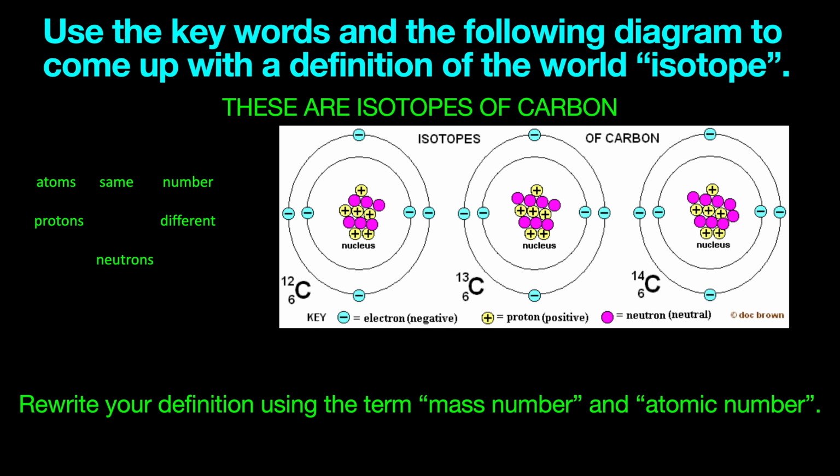As isotopes are atoms of the same element, with the same number of protons and electrons, but a different number of neutrons.